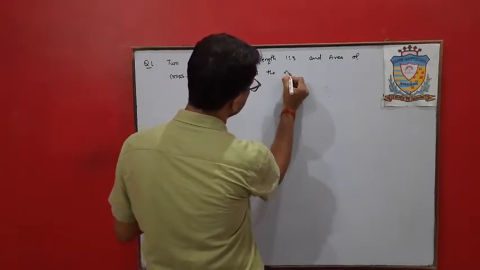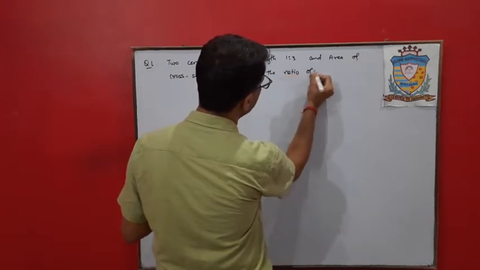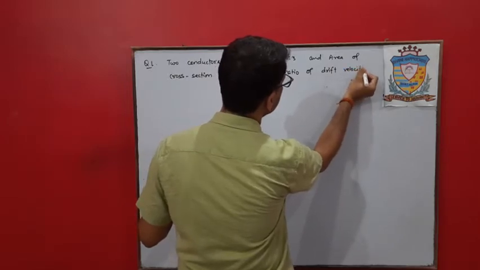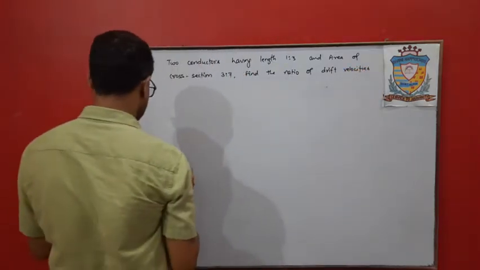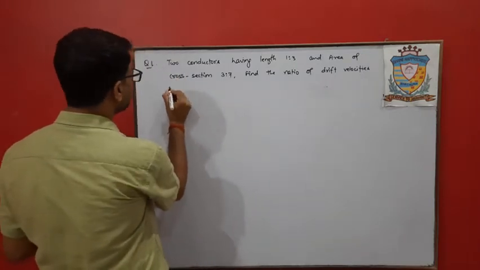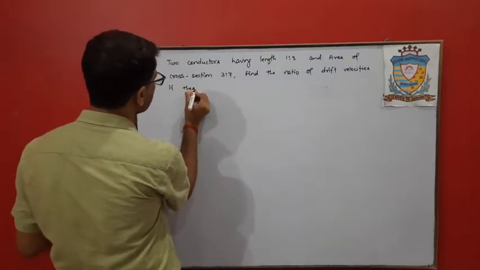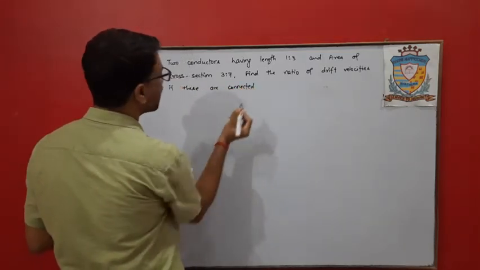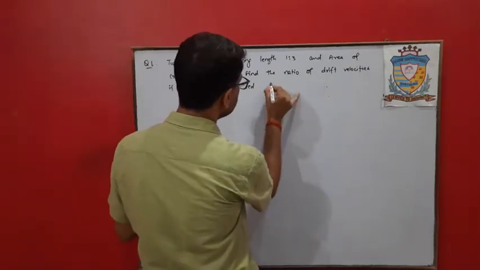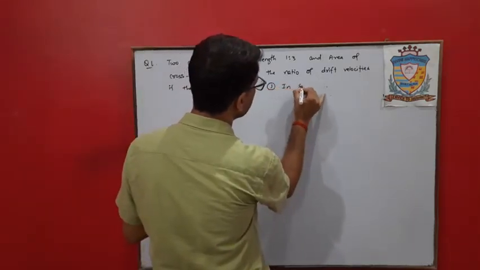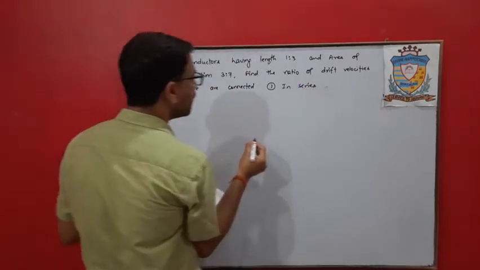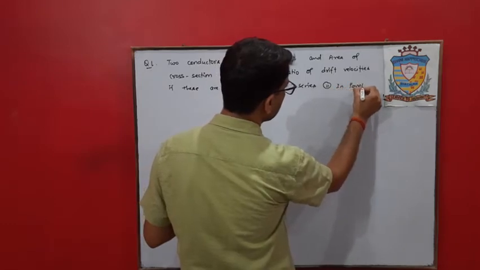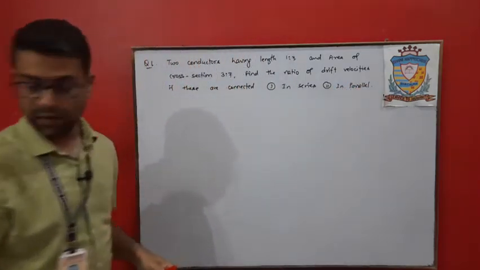Find the ratio of drift velocities if these are connected first in series and second in parallel. Clear?